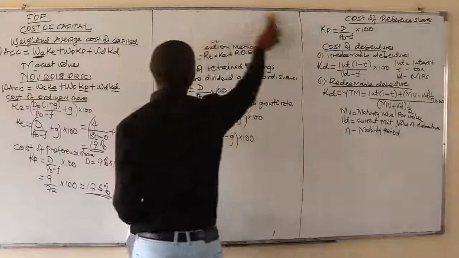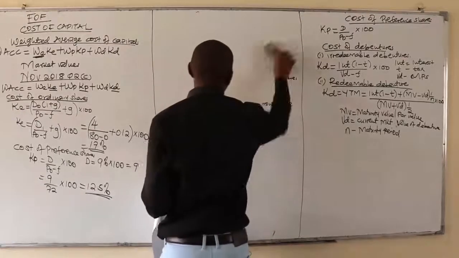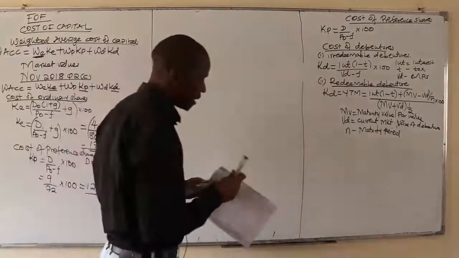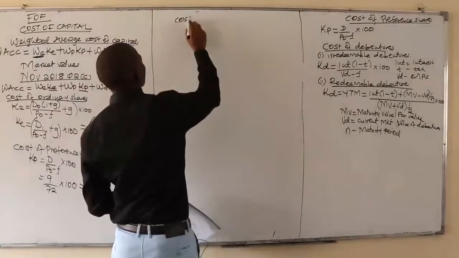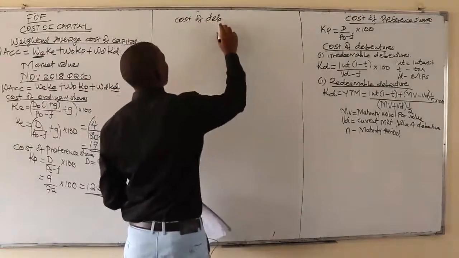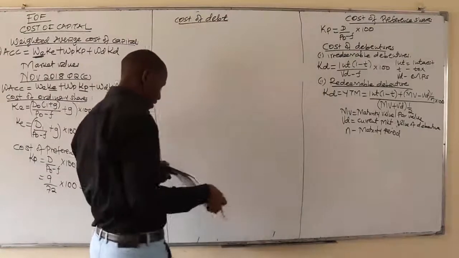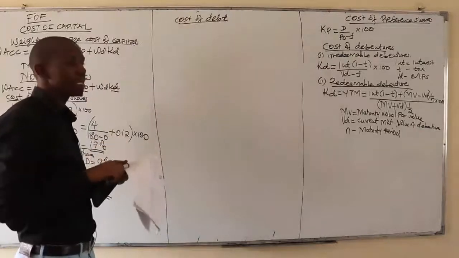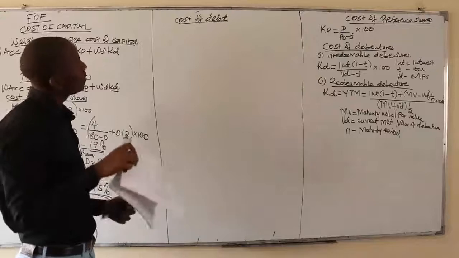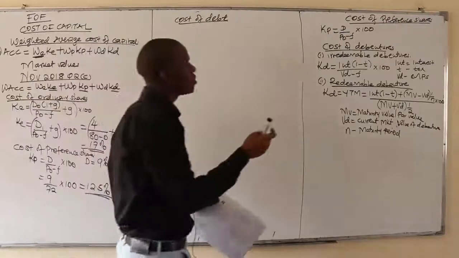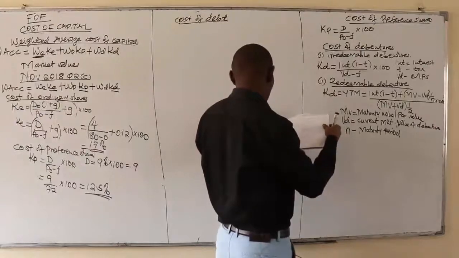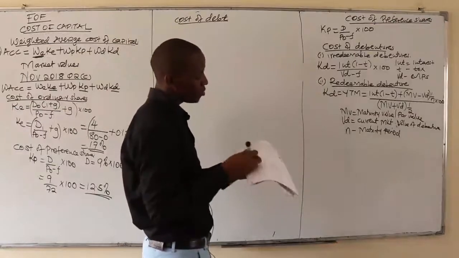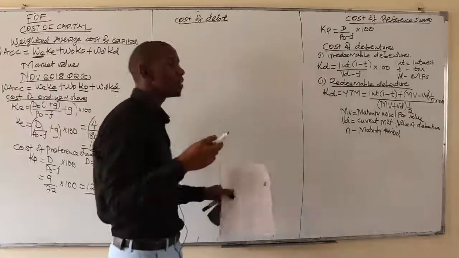Then we also have the cost of the debentures, which in this case is the long-term debt. We are told that the loans are quoted at par. So in this case, we will not be able to use the market price formula because we don't know the number of loans that was given.